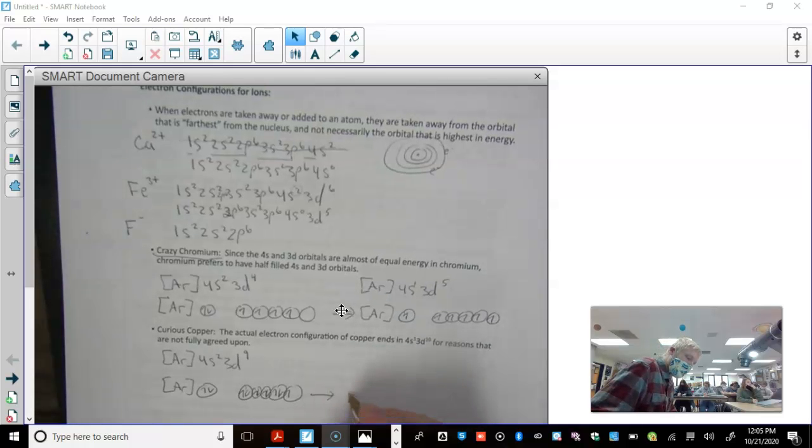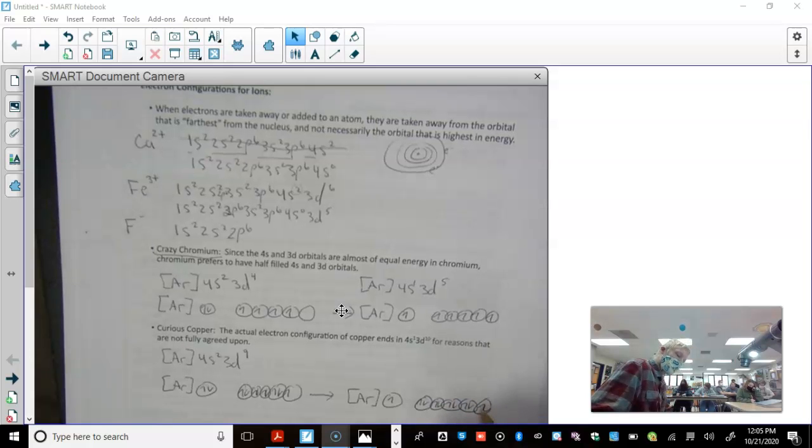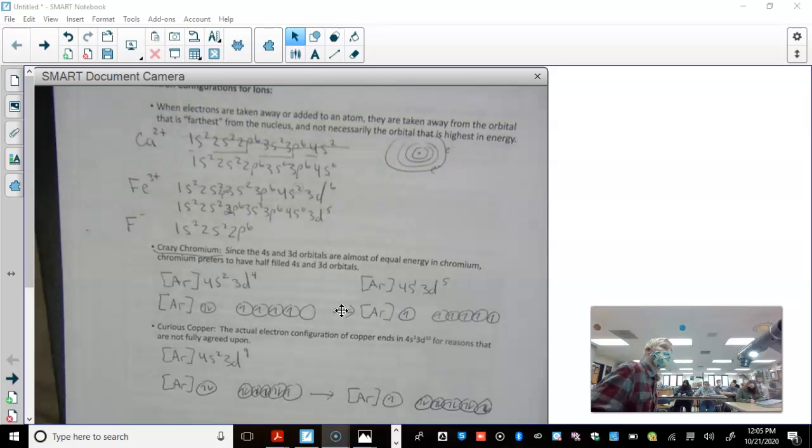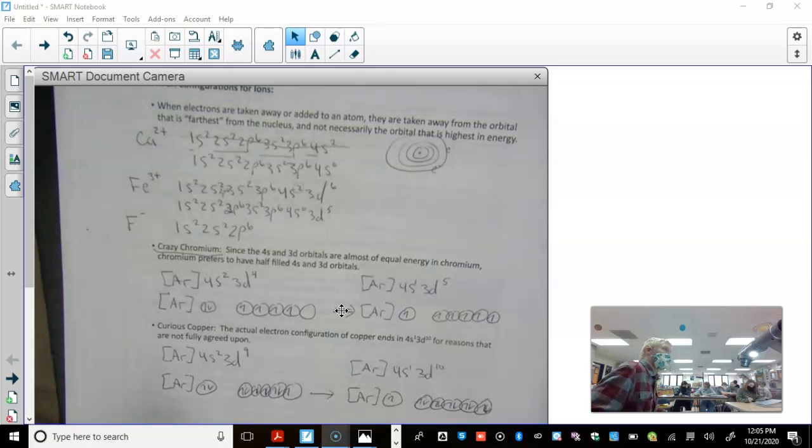Curious copper. So you're not adding or taking away any electrons, you're just shifting them over so that you have orbitals that are half full.